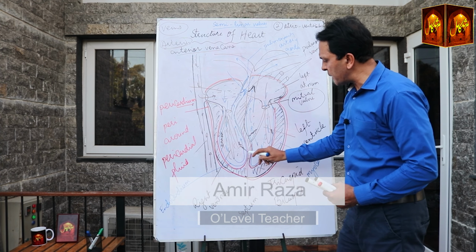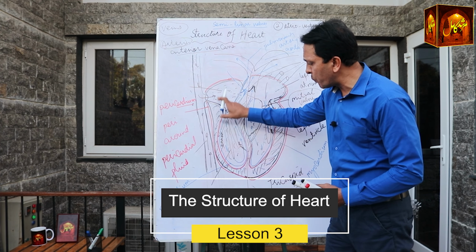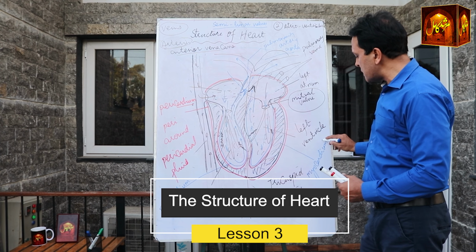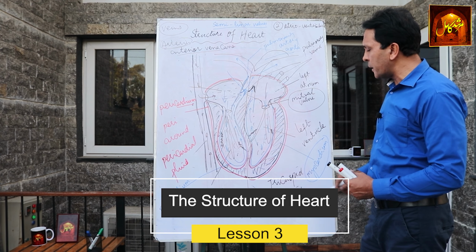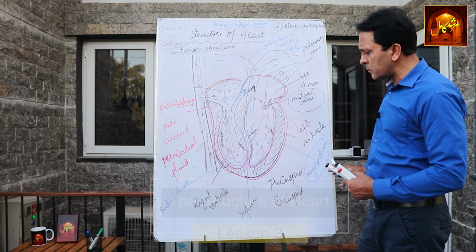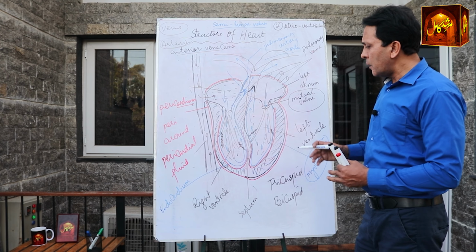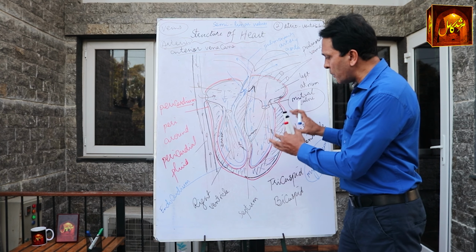These are the thick muscles on the left ventricle and on the right ventricle. These thick muscles of the heart are called myocardium. So we have pericardium, myocardium and endocardium. These are the three layers which are present in our heart.